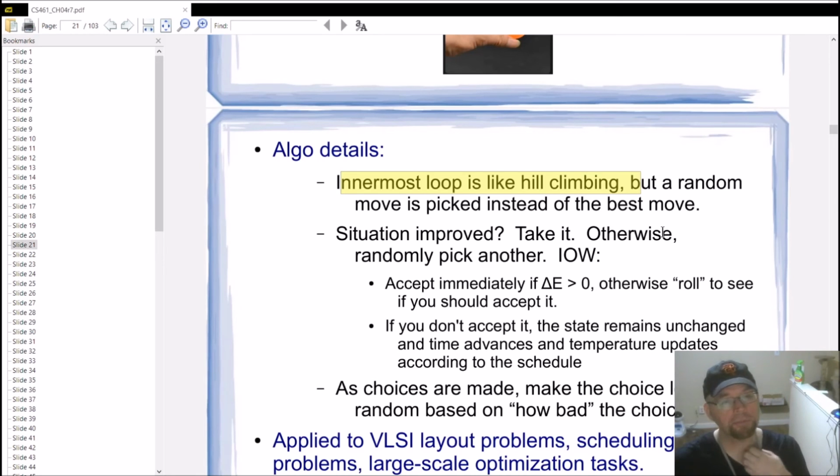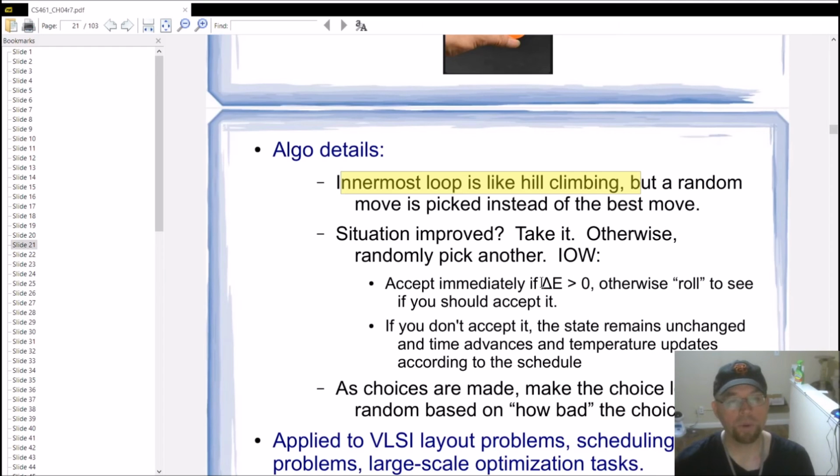So if your current state has a particular value, and you're going to pick a random adjacent state that the search could progress to, you're going to pick that random one if it is better than where you're at. Otherwise, pick another.